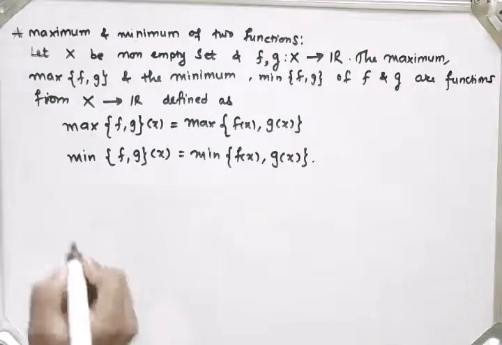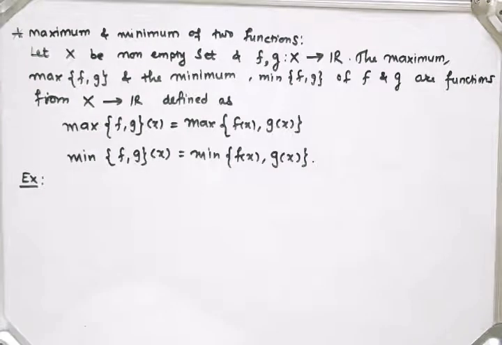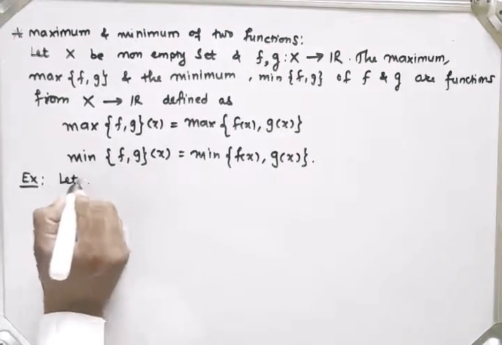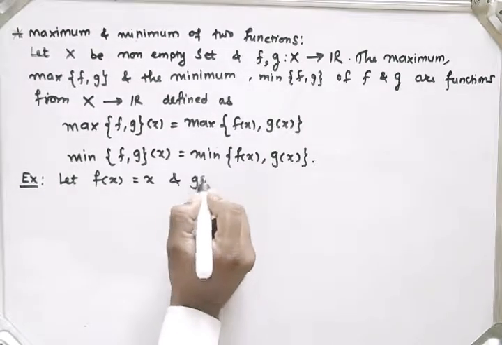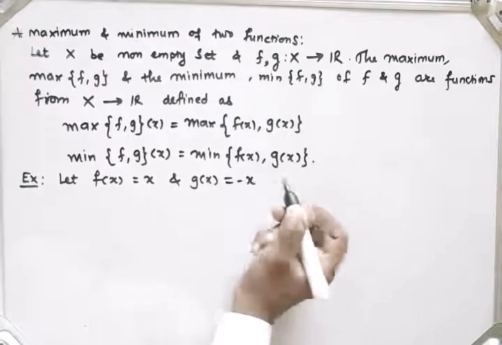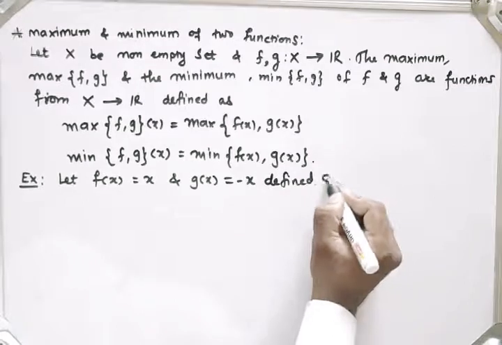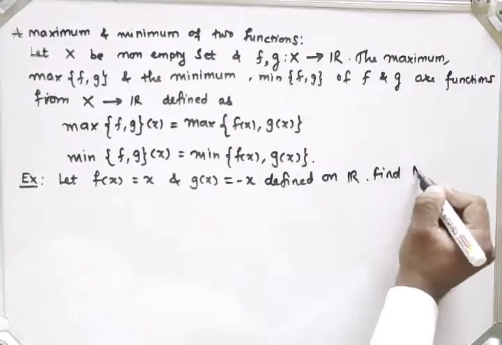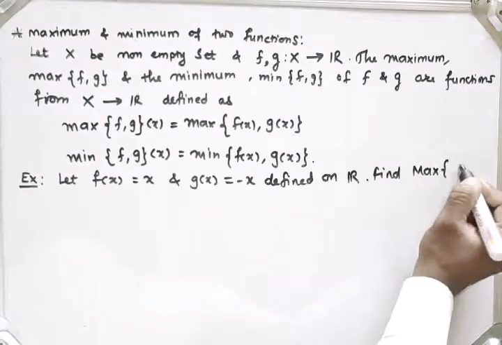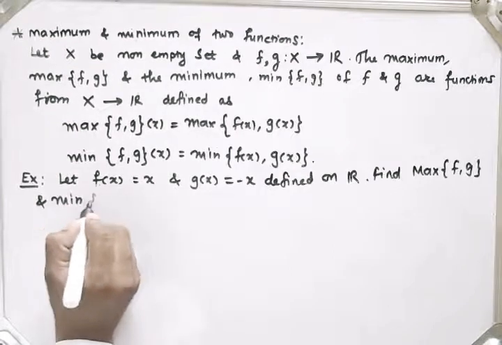So let's see examples. I will take an example to find maximum and minimum of two functions. Let f of X be X and g of X be minus X, defined on real numbers R, to find maximum of fg and minimum of fg.